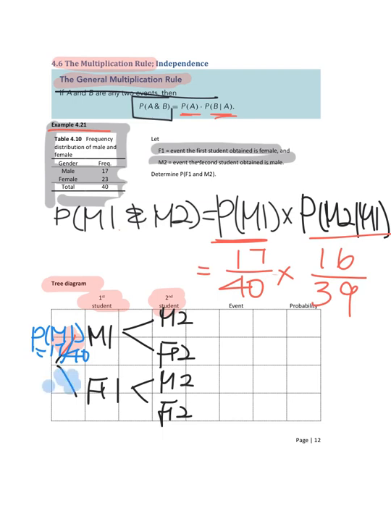How about here then? It should be just F1. How many females for the first case? Very first? 23 out of 40.